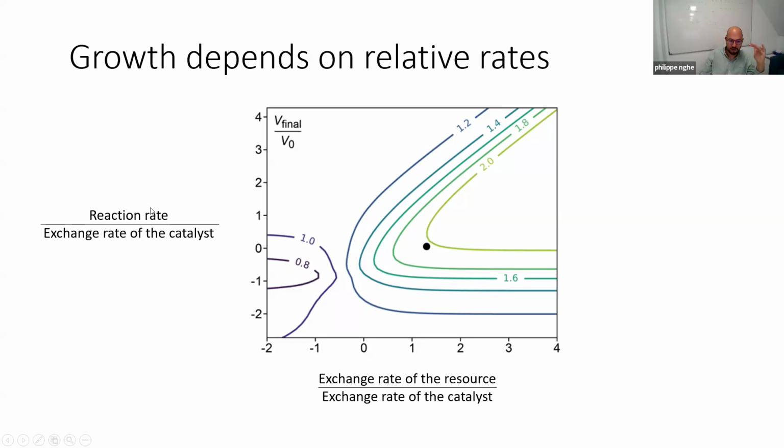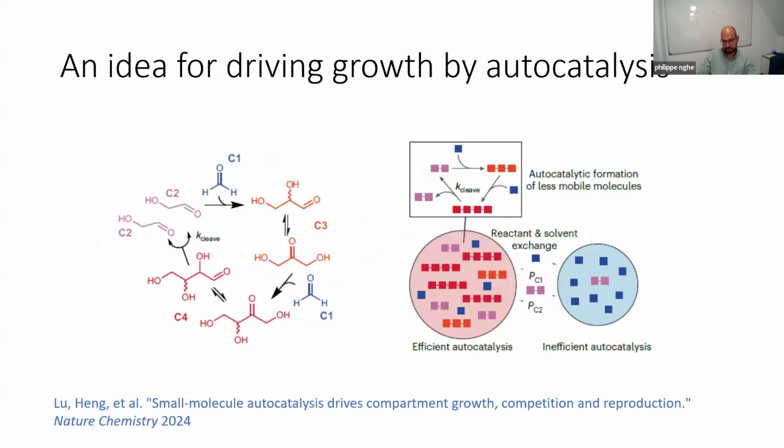And the y-axis is how fast you react divided by how fast you exchange the catalyst. So you have 3 important timescales, and you have to compare them with each other to find a regime in which an autocatalytic reaction could cause the growth of a compartment, so the import of the resource from one droplet to the other, due to imbalance in growth.